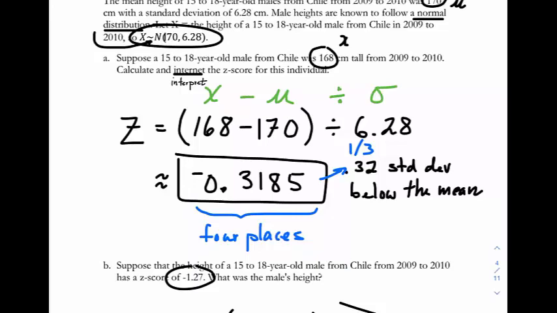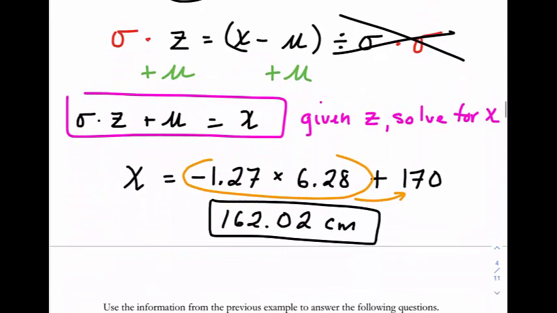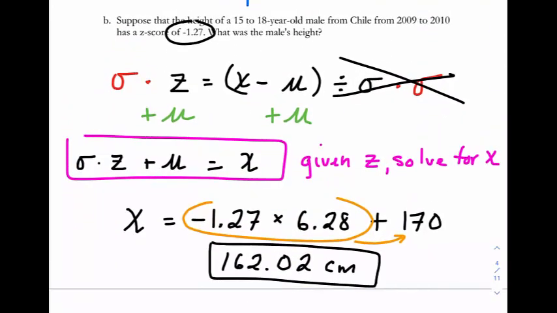If you flip it around the other way, we do directly the opposite. If we're given the z value and want to solve for the data value, we use the reverse formula. So that ends this example with finding the z-score and the height for a 15 to 18-year-old male from Chile.